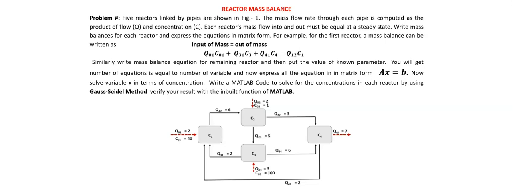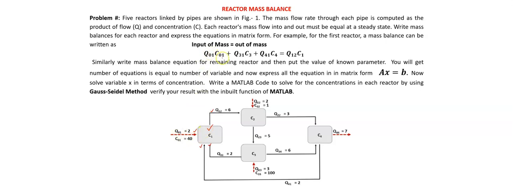Write mass balance for each reactor and express the equation in matrix form. For example, for the first reactor, a mass balance can be written as input of mass is equal to output of mass. So this is the reactor 1. Input is this one, this one, this one, and this is the output.